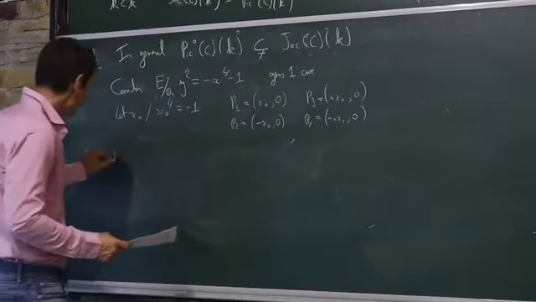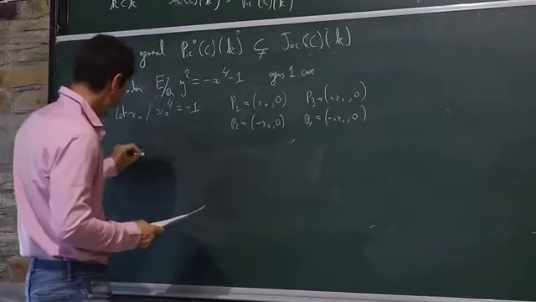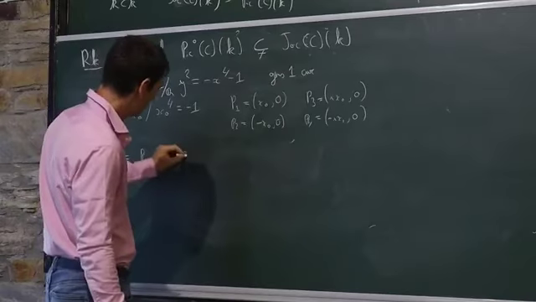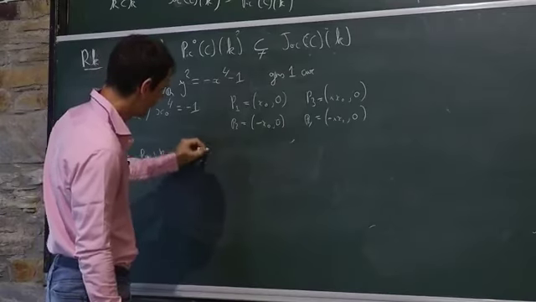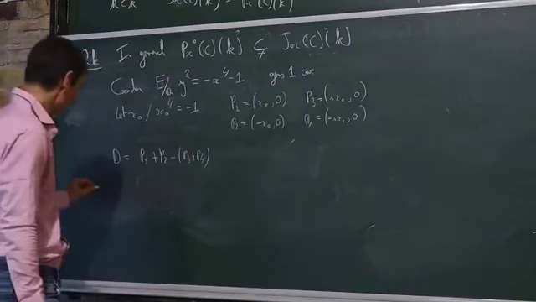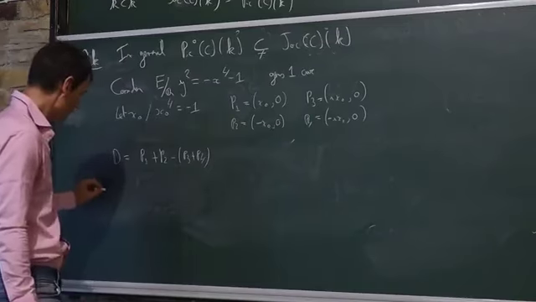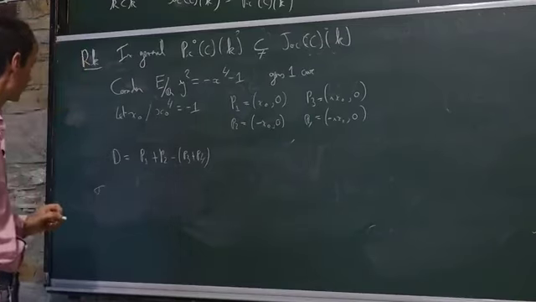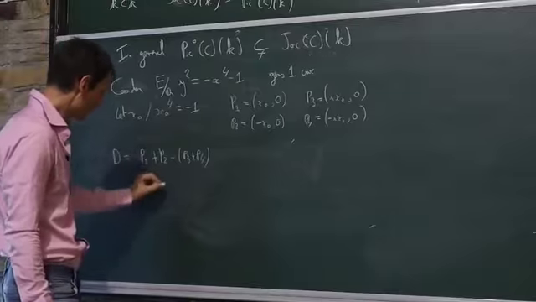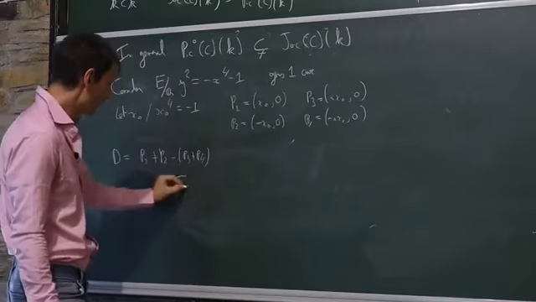And I'm going to define D, the divisor, which is P1 plus P2 minus (P3 plus P4). So it's a degree 0 divisor. And one can easily see that if I take sigma, the element of Gal(Q bar over Q), which changes x to ix, what is this sigma?